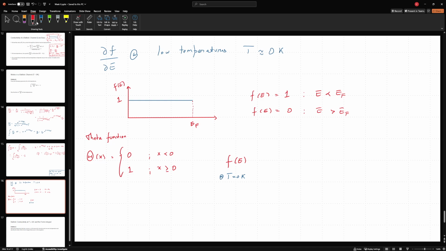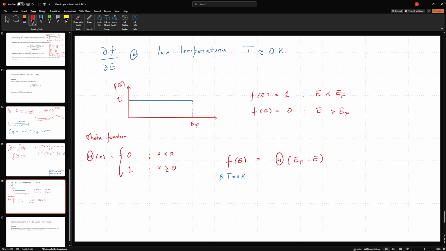So over here, I can write f of e to be first theta of EF minus E. So as long as this quantity is positive, the function is going to be 1. As long as this quantity is negative, this function is going to be 0.